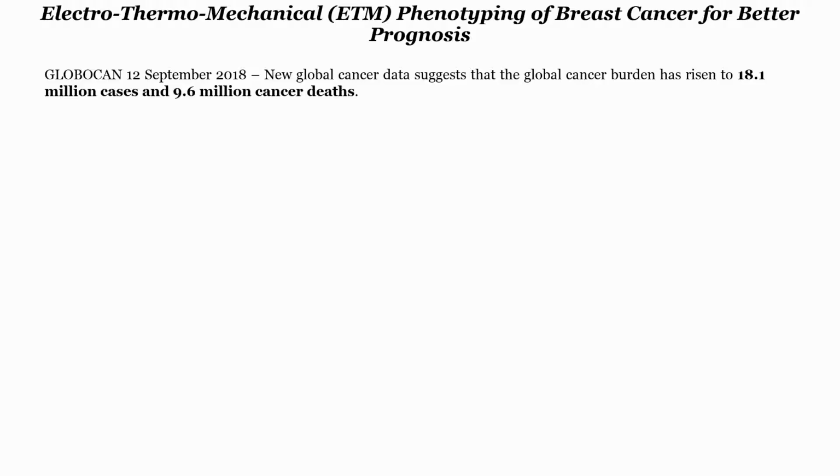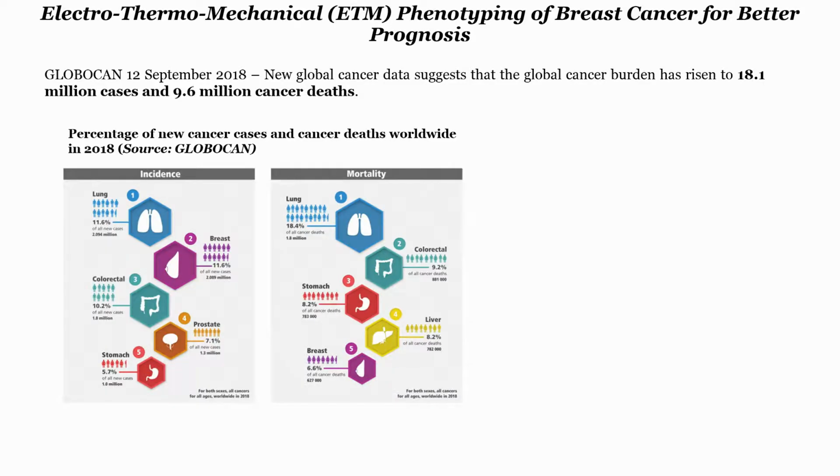the cancer burden has risen to 18.1 million cases and close to 9.6 million cancer deaths. It is a huge value, and you can see here the incidence versus mortality; lung cancer leads to quite an extent.